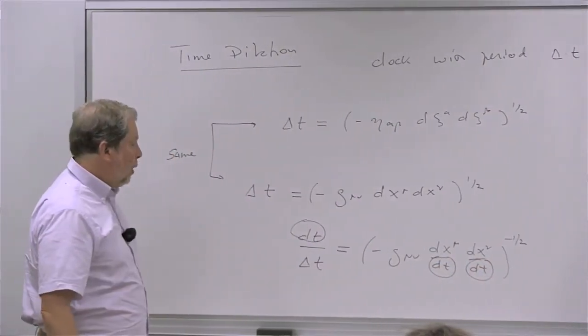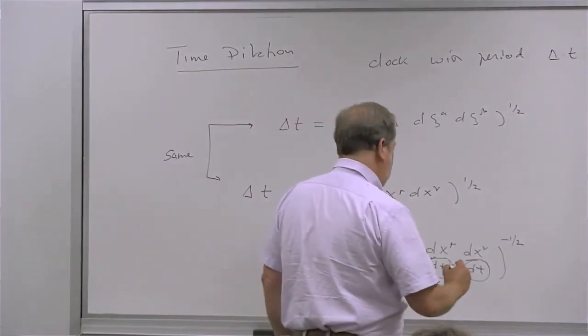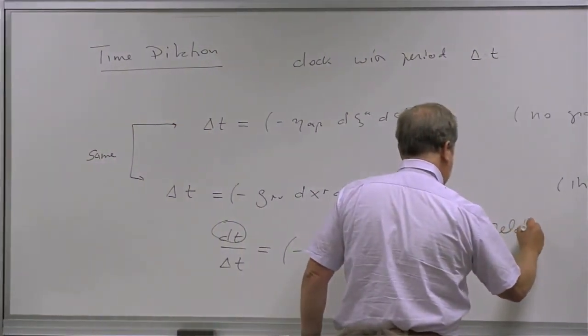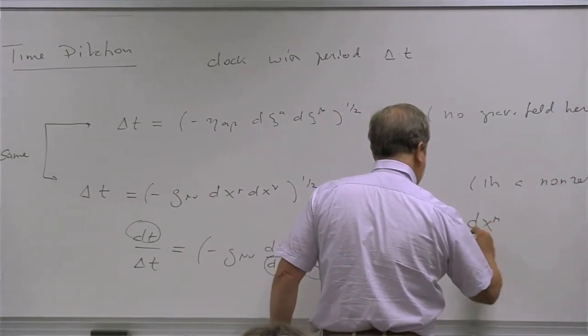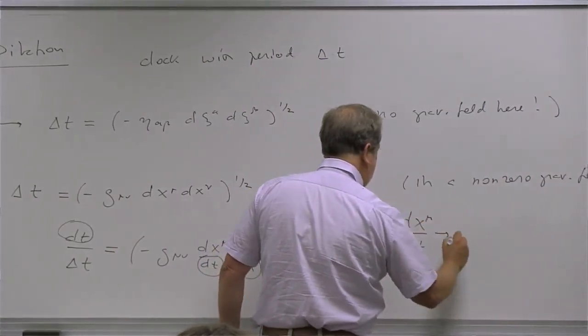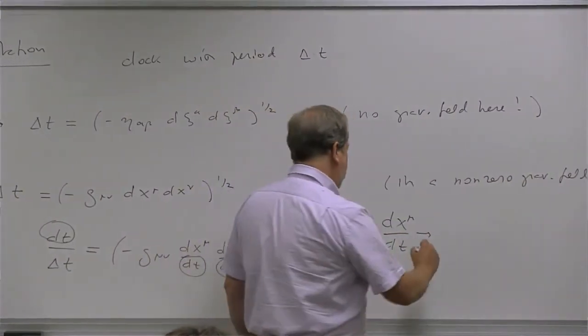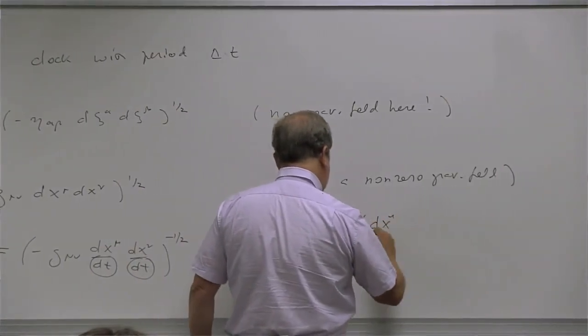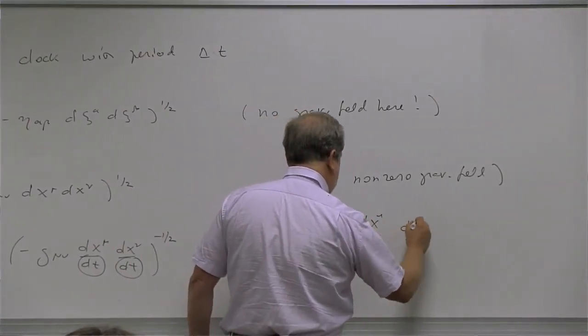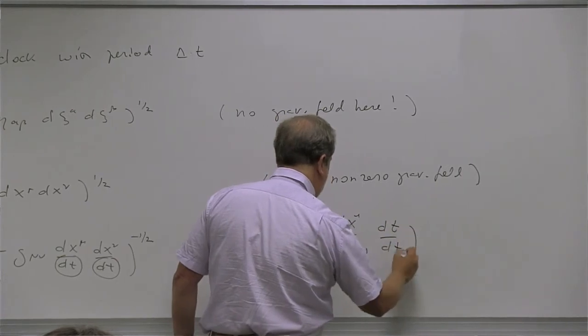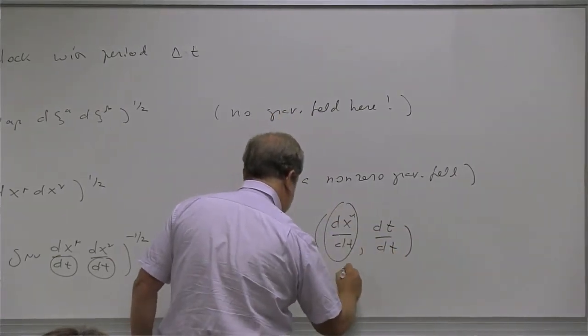And the reason why we do that is because now we can relate dx mu by dt. Well, that is going to be dx by dt and dt by dt, which is, of course, 1. We can relate that to the velocity.